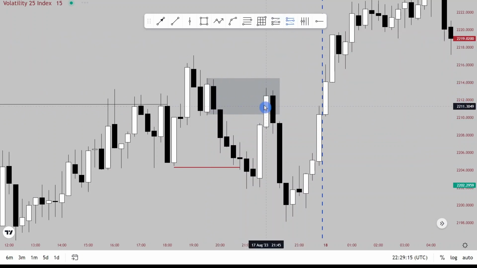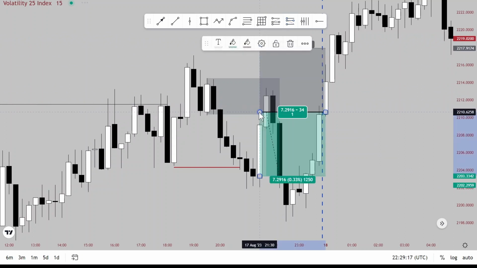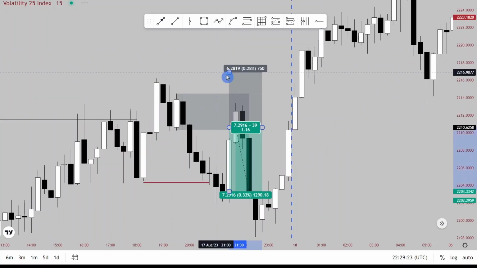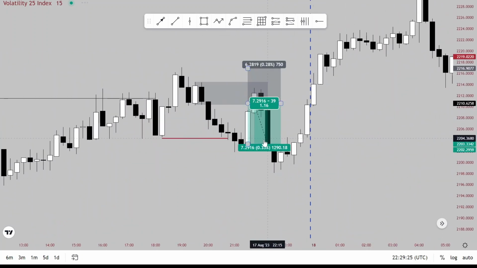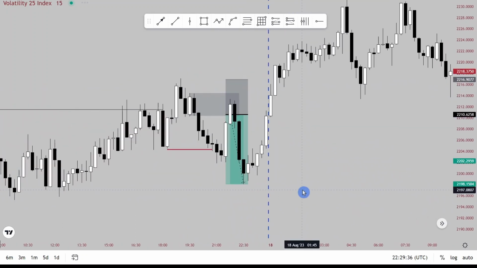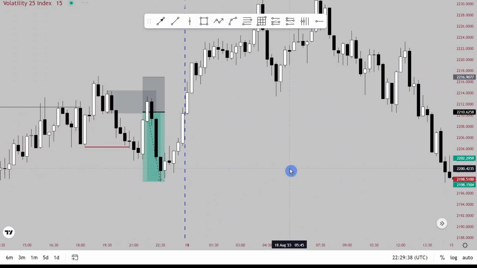And there you go. Stop loss above the highs. 1:1, easy target, always hit as soon as possible. The target 1:2 would have been given down here. Beautiful win. You can see how aggressive the move was.